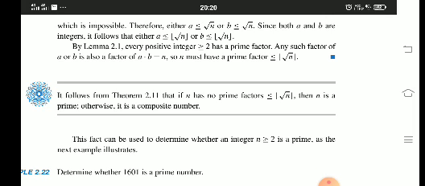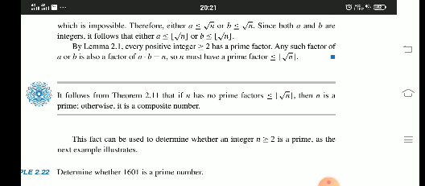Because both a and b greater than n is not possible.